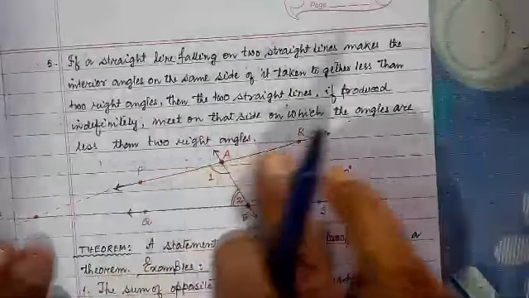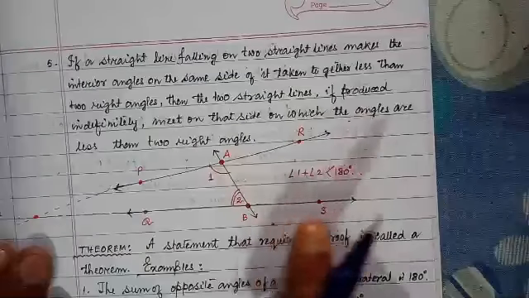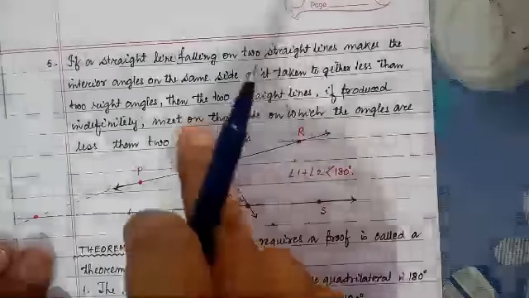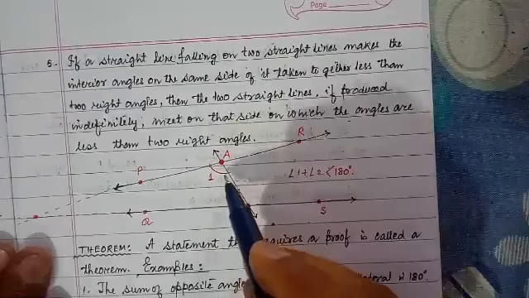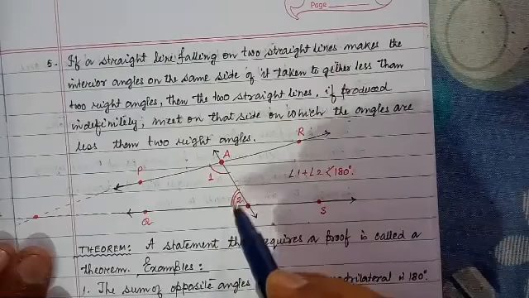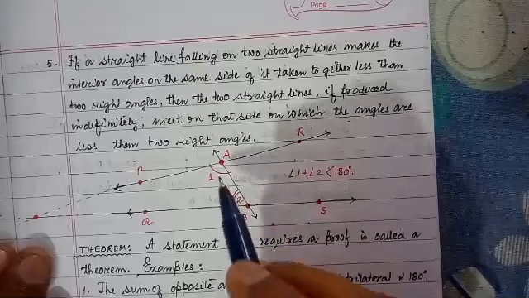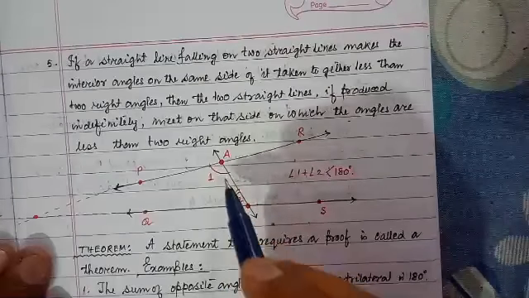That is, PR is a straight line, QS is a straight line, and AB is a straight line falling on these. Angle 1 and angle 2 are the interior angles on the same side of the line AB.